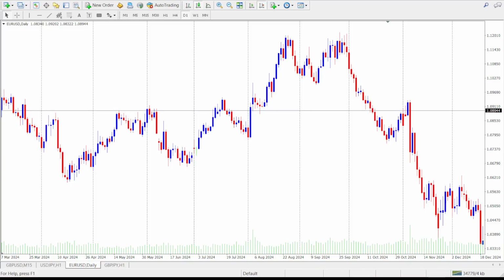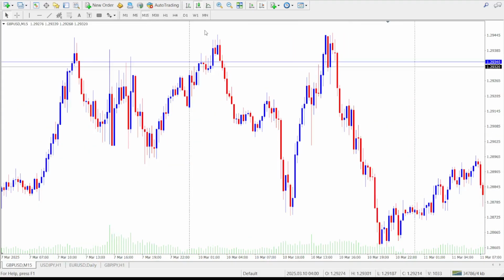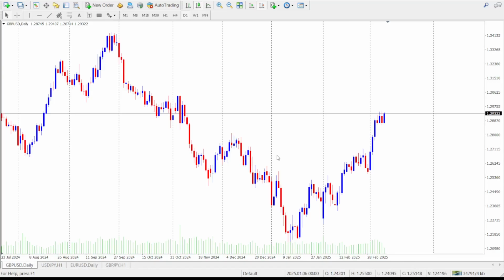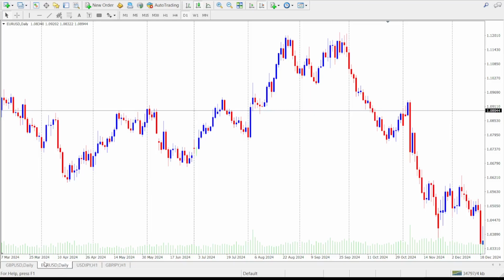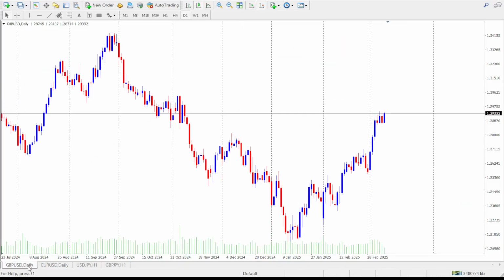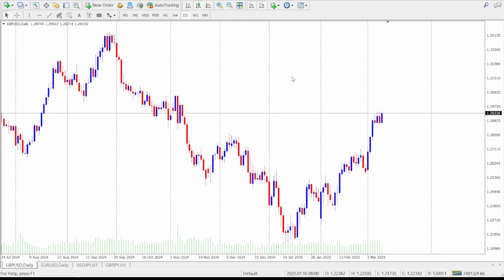For instance, imagine Euro USD and GBP USD have been moving in tandem for weeks.